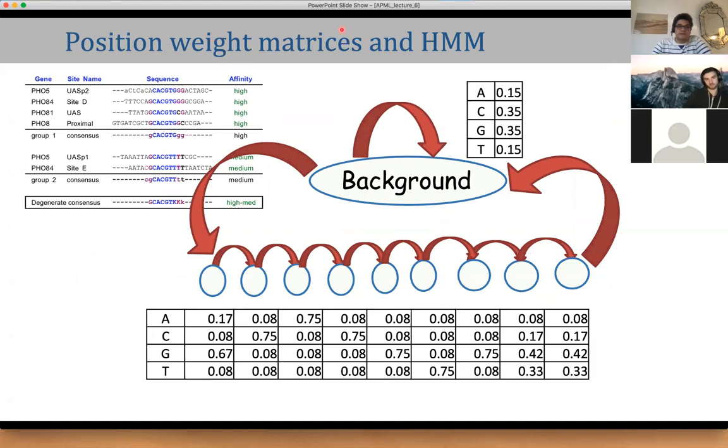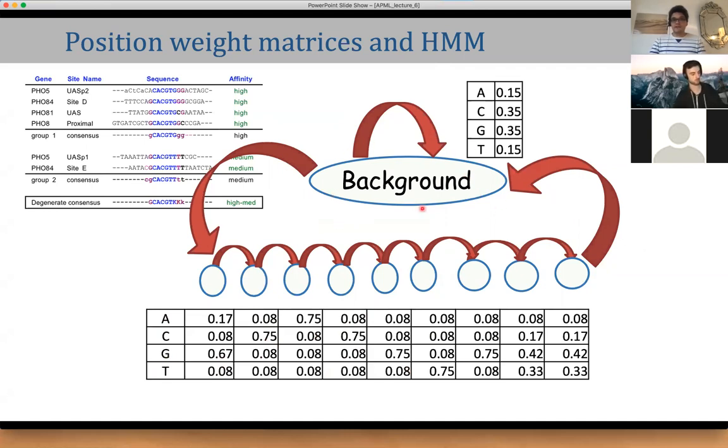But you can also directly rewrite this position weight matrix as a hidden Markov model. Here our observations are ACGT, and each column of our hidden Markov model is one of the columns we saw just before for our position weight matrix, and they emit letters with certain differences. And then we can add other hidden states.